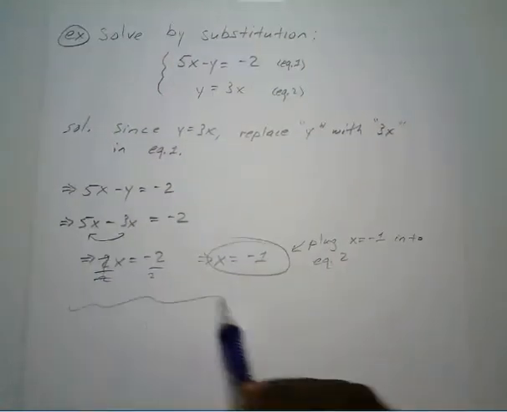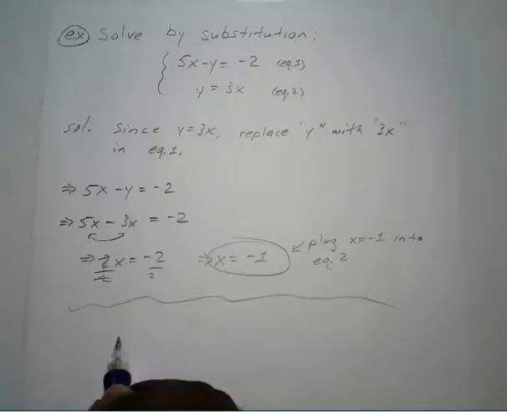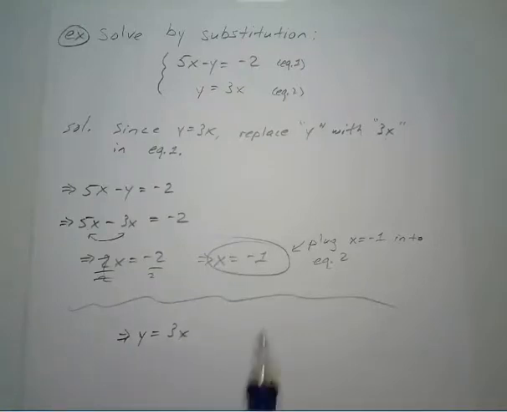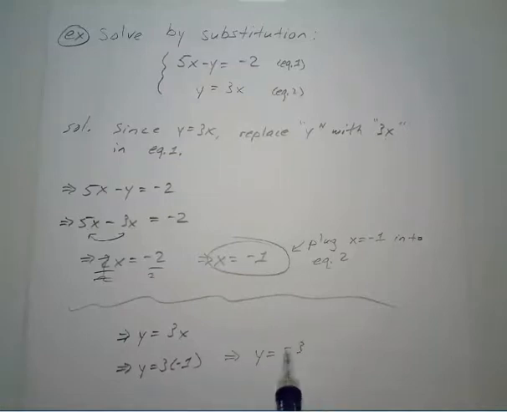Remember, equation 2 is y equals 3x. So since x is equal to negative 1, y equals 3 times negative 1, which gives us y equals negative 3.